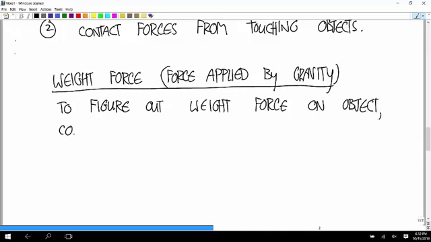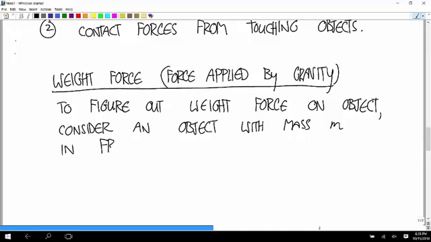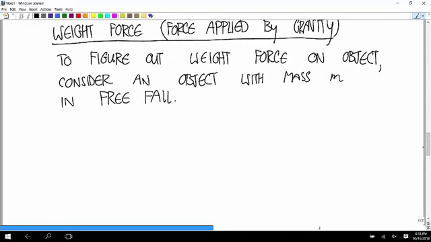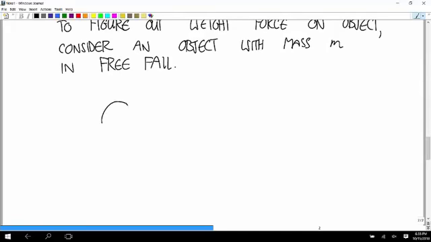let's consider an object with a mass of m, lowercase m, in free fall. Okay, so here's our object with a mass of m.